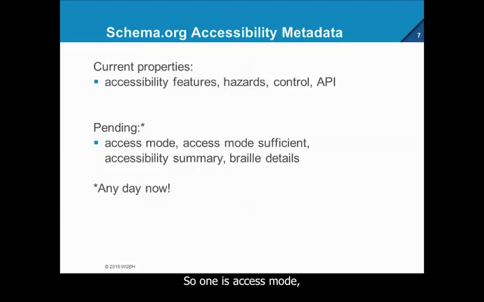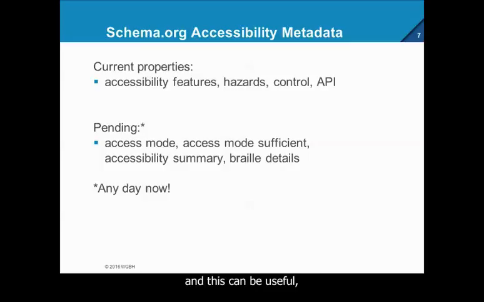So one is access mode, which is the basic description of a resource. Does it have text in it? Does it have visuals? Does it have audio? And so on. Access mode sufficient is another way of looking at those access modes. I think I'll talk a bit more about that at the end when you've seen some of the examples. And then we've added a field called accessibility summary, which is for a human readable description.